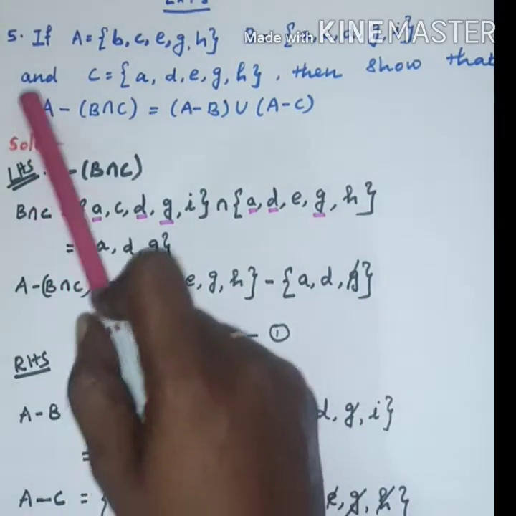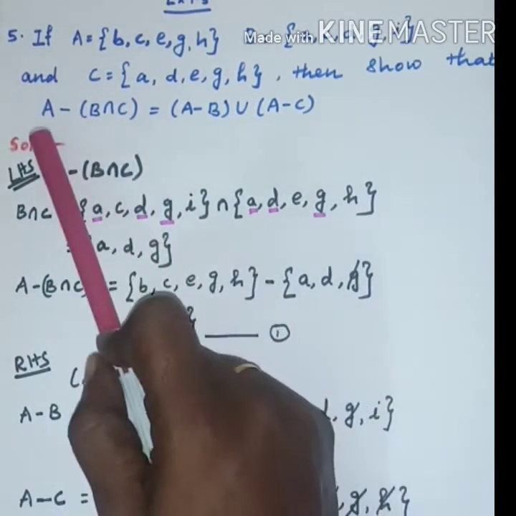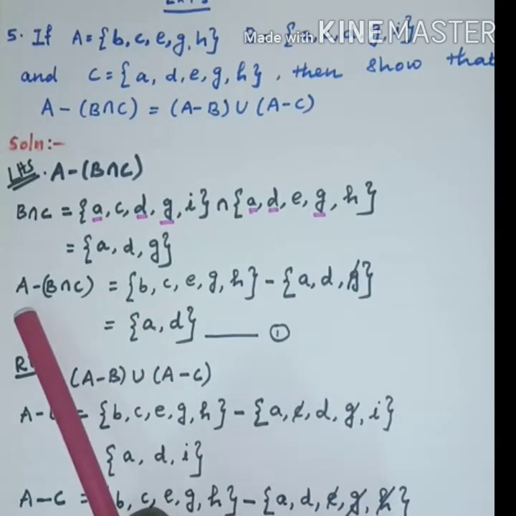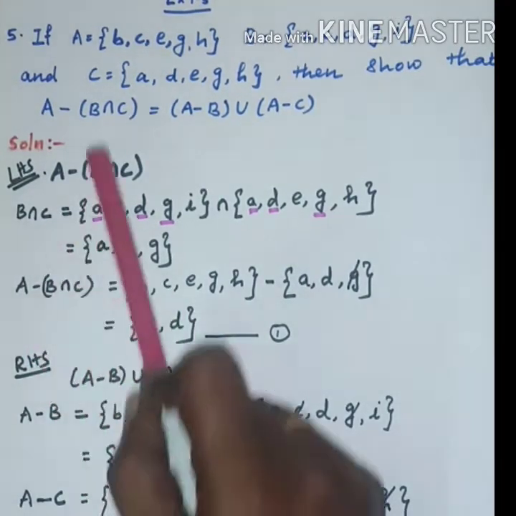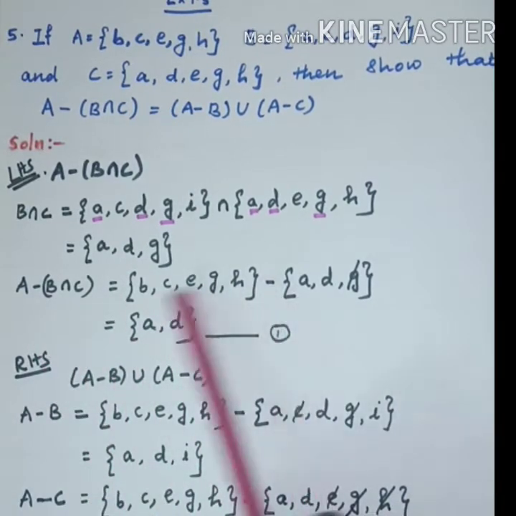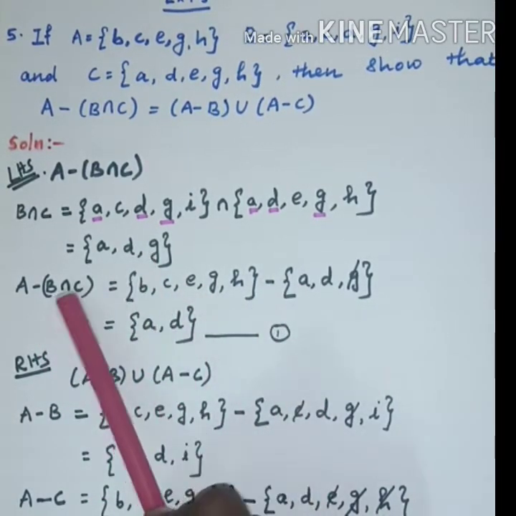Now, take the left hand side fully. We have A difference (B intersection C), which is equal to what? Write the elements of A first. These are the elements of A. Write the elements of A and put the difference symbol, minus. Already we found the elements of B intersection C, isn't it?